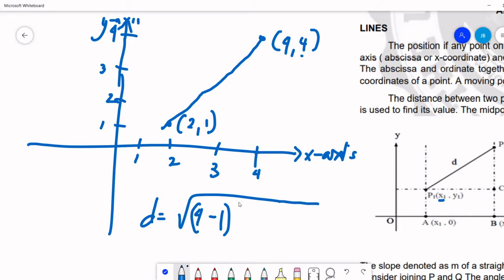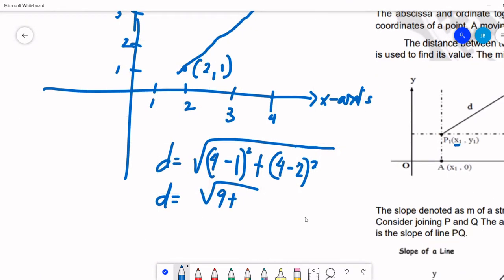Then x sub 2 minus x sub 1, that's 4 minus 2 squared. Therefore, your distance would be the square root of 9 plus 4. So the distance would be the square root of 13 units.